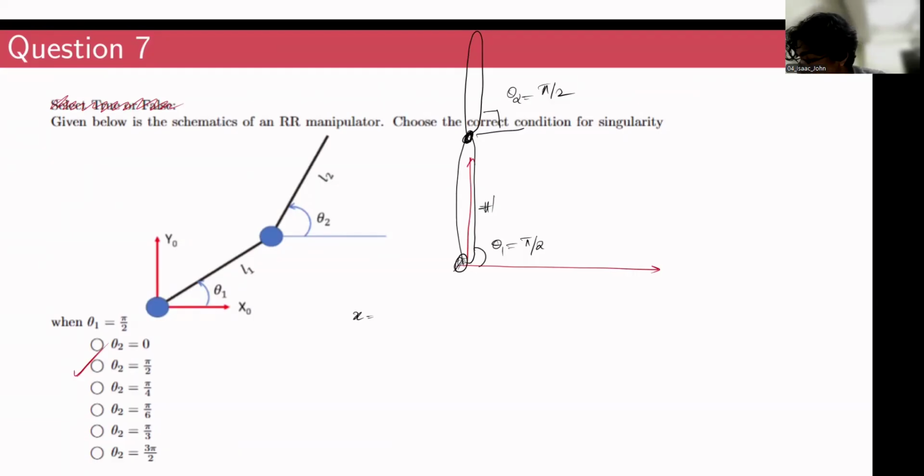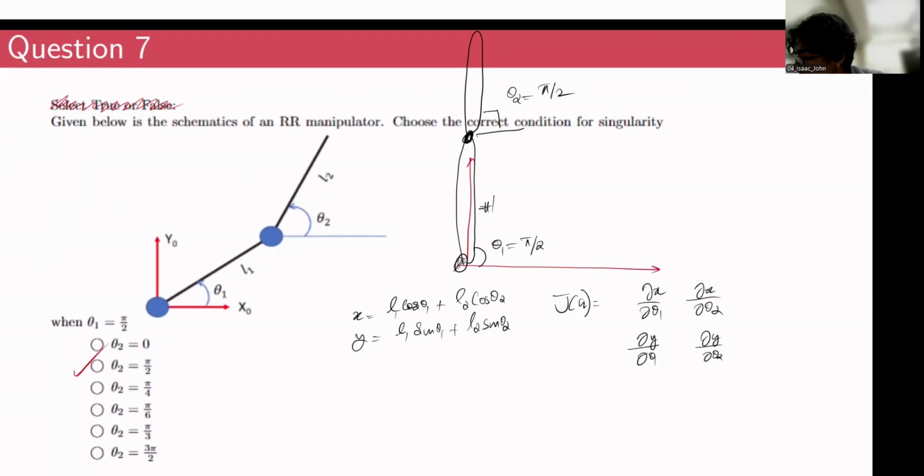X would be L1 cos theta 1 plus L2 cos theta 2. Y would be L1 sin theta 1 plus L2 sin theta 2. And the Jacobian matrix, as before, is dou x by dou theta 1, dou x by dou theta 2, dou y by dou theta 1, dou y by dou theta 2.